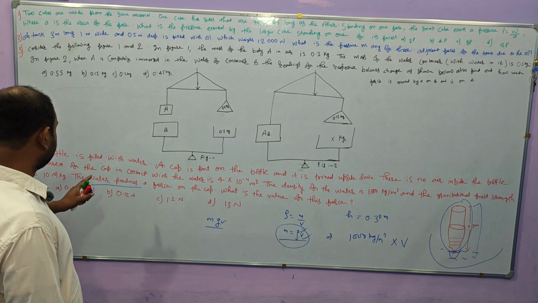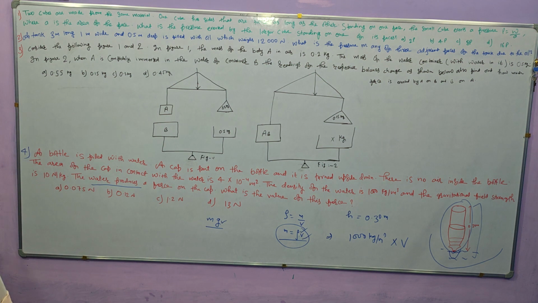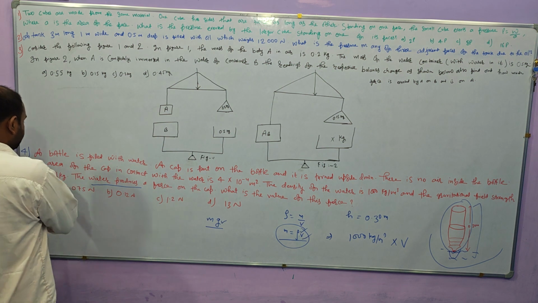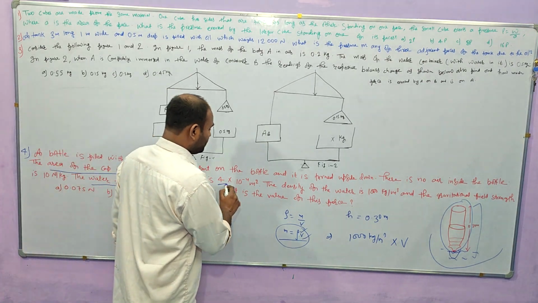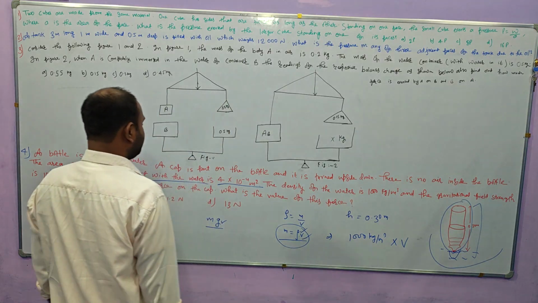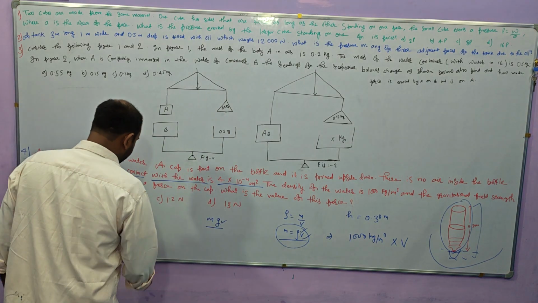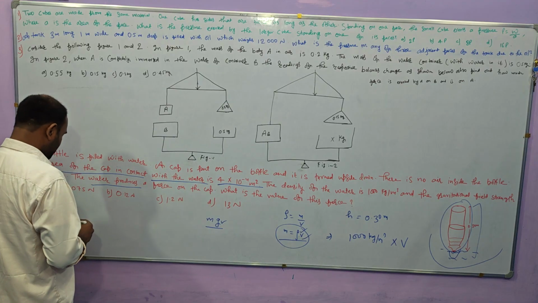We are given the area of the cap in contact with the water is 4 into 10 to the power minus 4 meter square.